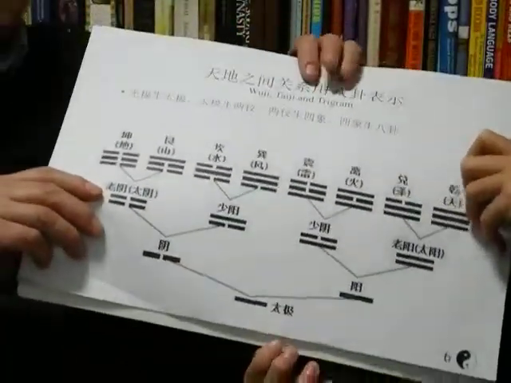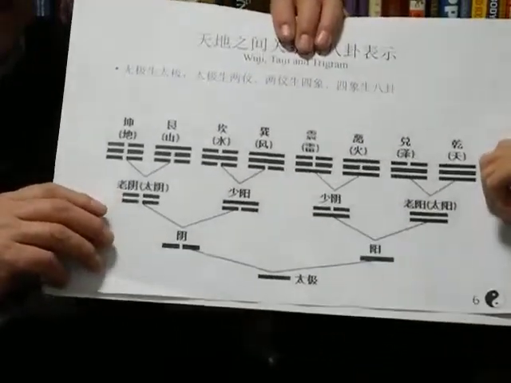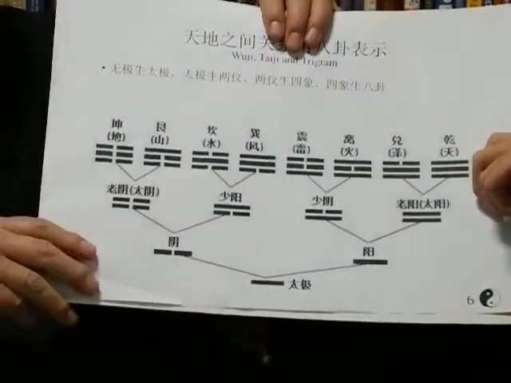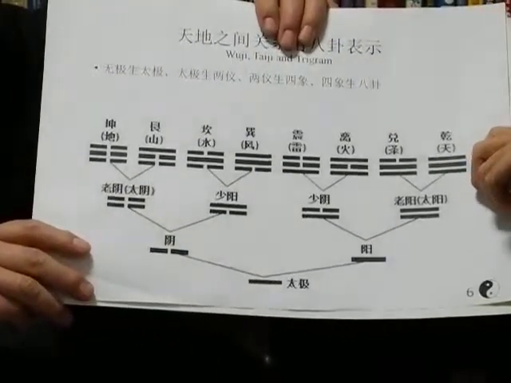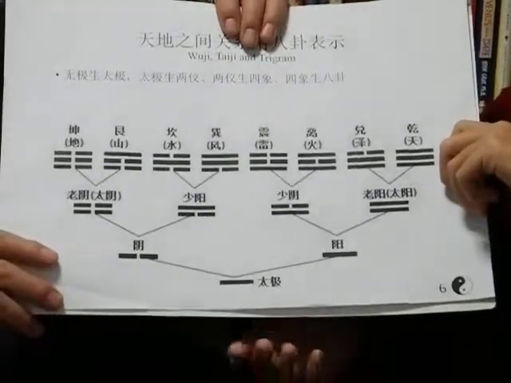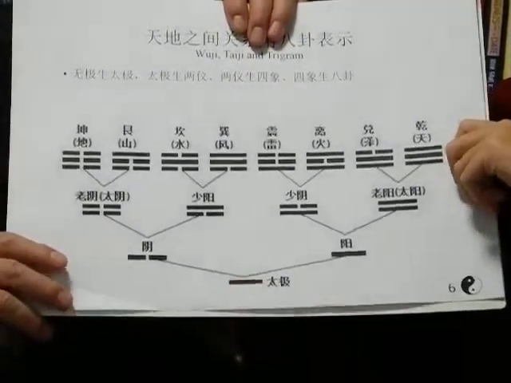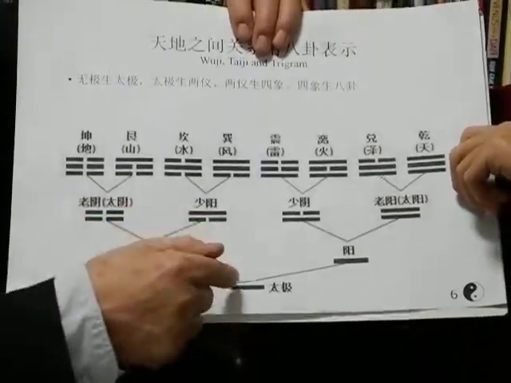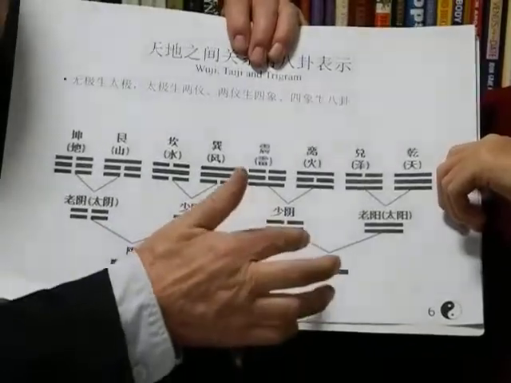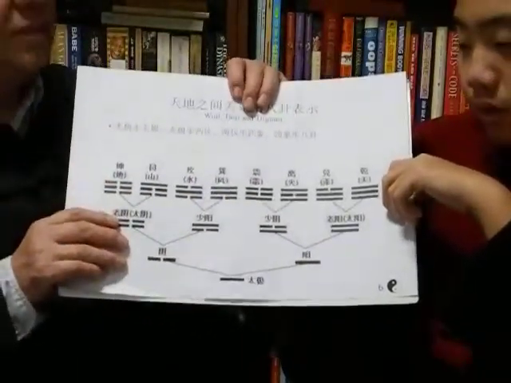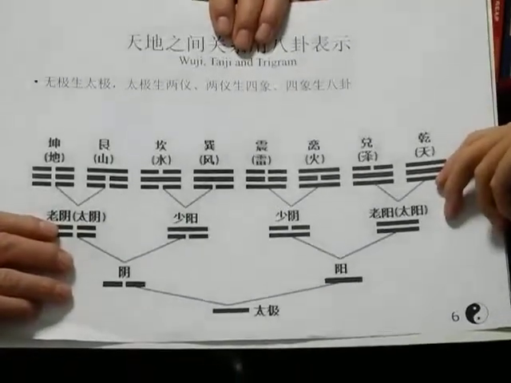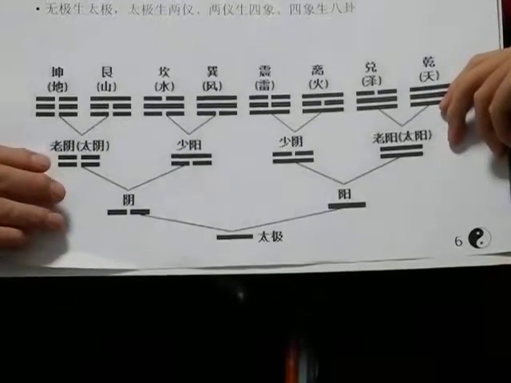Now to simplify the way of showing the Taiji, we use one single yang. Now it will be easier to understand the 2 poles and how the Taiji transformed into the 2 poles.